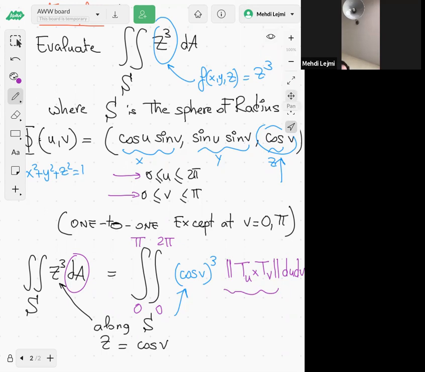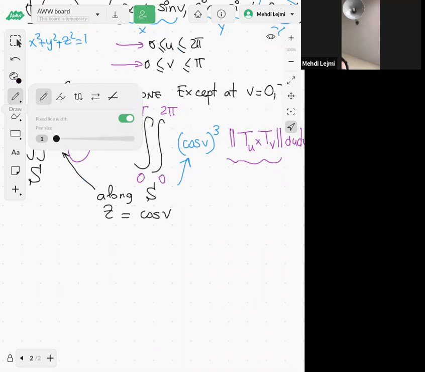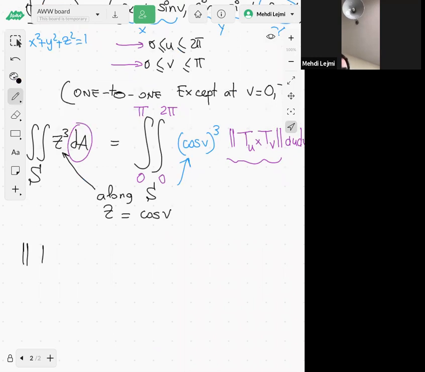We did this a couple of times, so I won't do the derivatives. When you do the cross product and take its length, that is equal to sine of v. We did this before for the sphere.